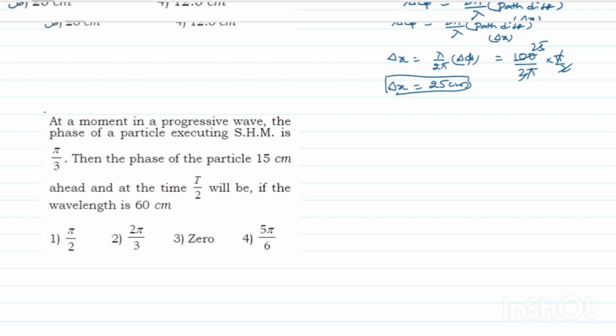The phase of the particle 15 centimeter ahead and at a time t by 2 will be, if the wavelength is given as 60 centimeter. So first, the wavelength is given as 60 centimeter, and the phase of the particle 15 centimeter ahead is given. That means here the path difference value is given as 15 centimeter.